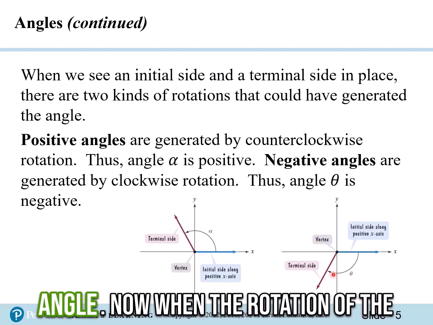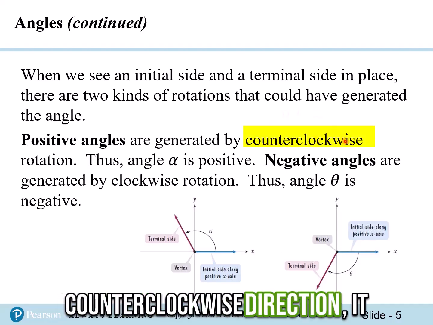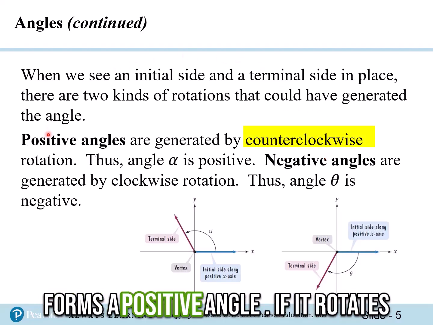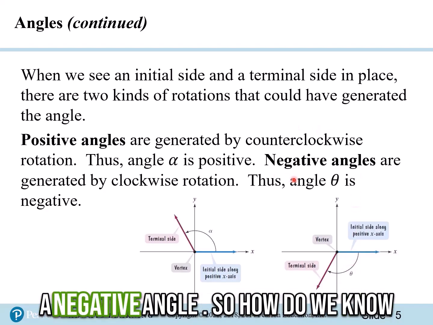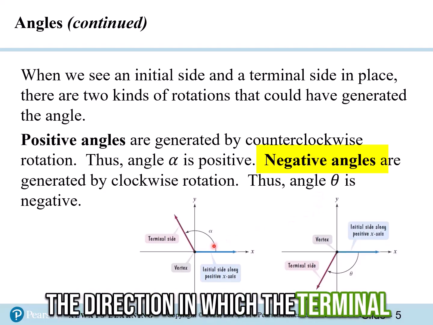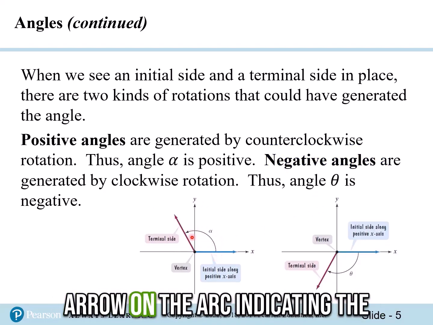It's the terminal side that rotates in either a counterclockwise direction or a clockwise direction to form an angle. Now, when the rotation of the terminal side is in the counterclockwise direction, it forms a positive angle. If it rotates in the clockwise direction, it forms a negative angle. So how do we know the direction in which the terminal side is rotating? By looking at the arrow on the arc indicating the angle.